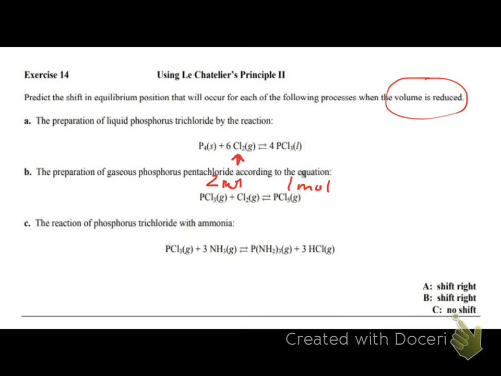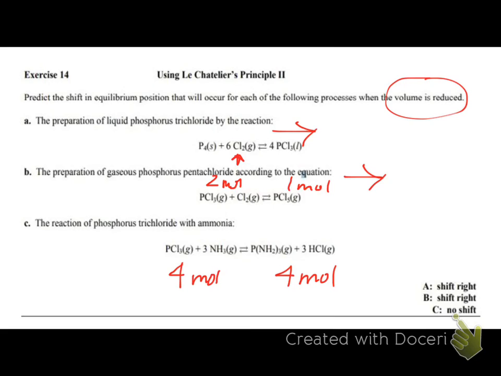We said shift right. It would shift right, shift right, but for different reasons. And then the last one, everything is gas. I have 4 moles and 4 moles. So no shift. It wouldn't cause a shift because I have equal number of moles.